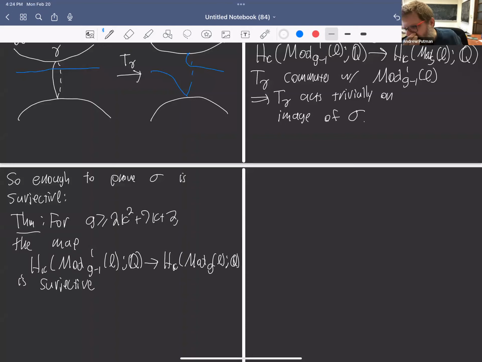Once you know that map is surjective, then you automatically get that the Dehn twist acts trivially on its image, and so therefore it acts trivially on this whole group right here, and then you get that this group has the same homology as the mapping class group. So that's what you want to prove there.